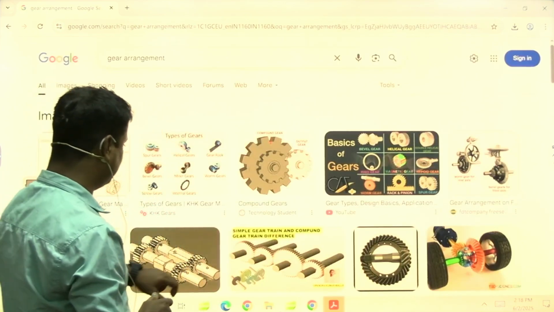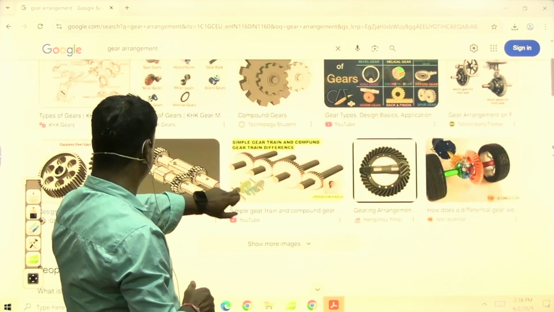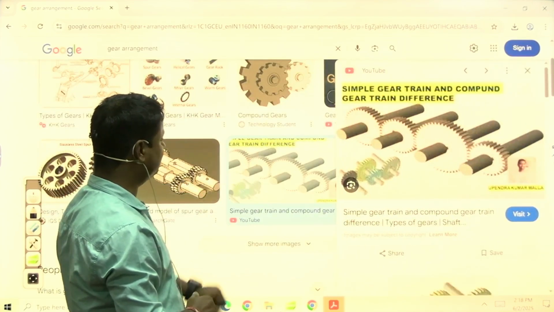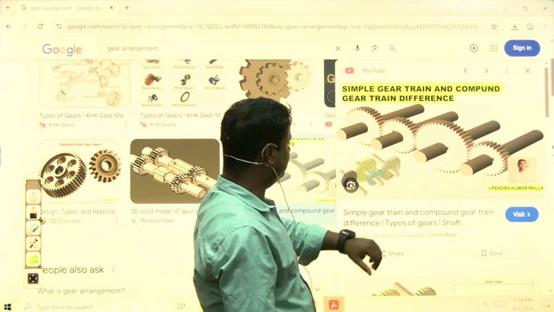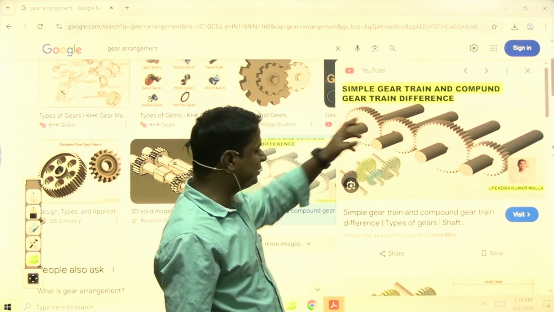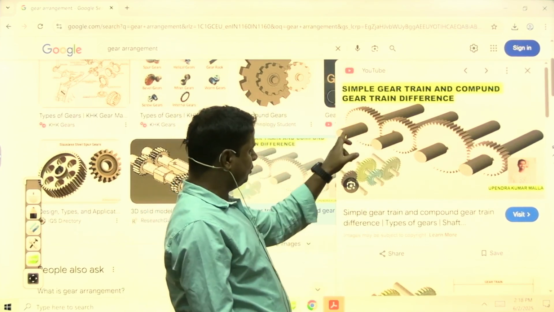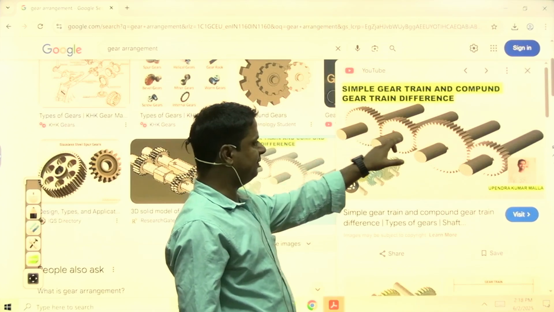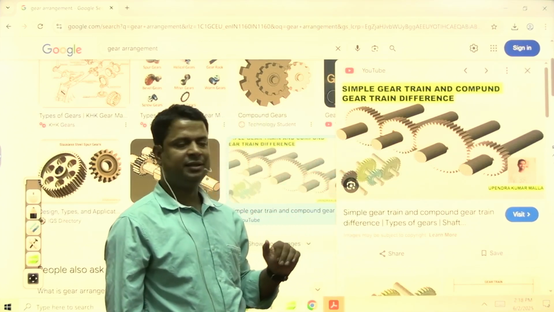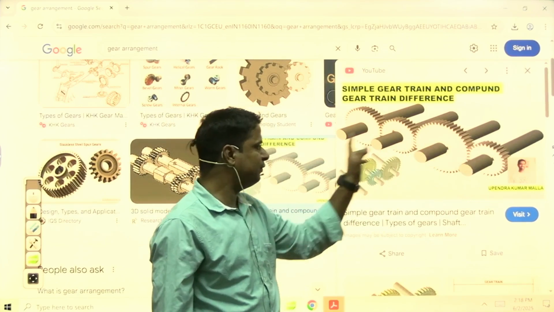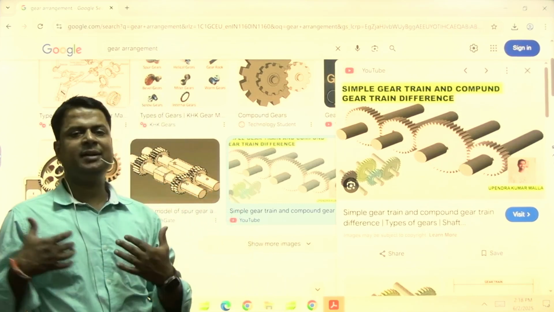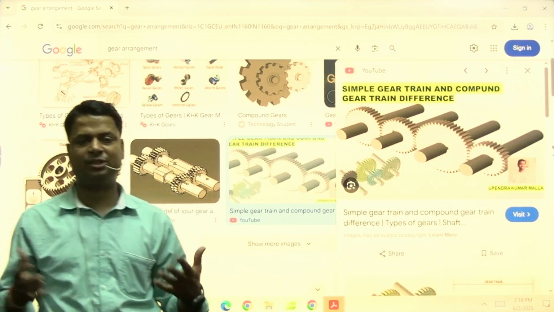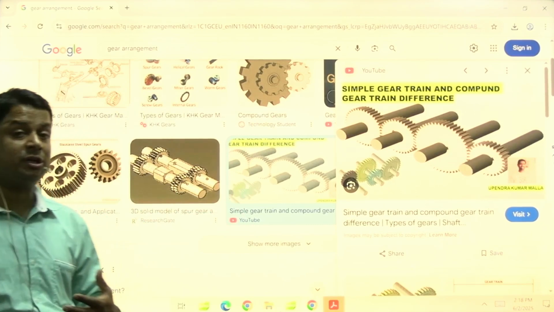Look at this simple diagram of how gears are used. Let me zoom in on it. You may see here how the gears transfer motion from one shaft to another shaft, and it continues to the end of the shaft. It means with the help of gears, n types of arrangements are possible for the shafts. We may transfer the motion without any loss.